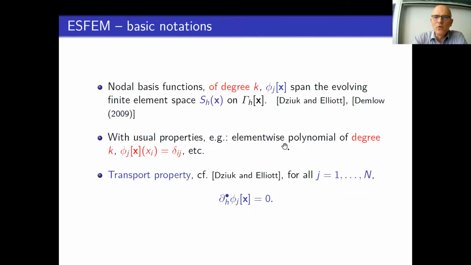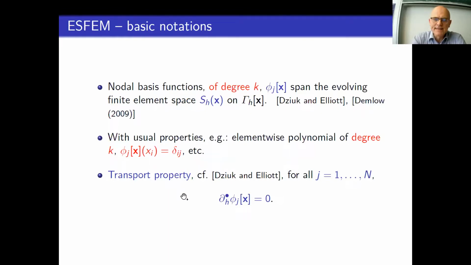Then we use an approach which is called the evolving surface finite element method, which goes back to Dziuk and Elliott. We use subtle numerical analysis for surface PDEs. Dziuk was a pioneer there, but also Dahlke did a lot.